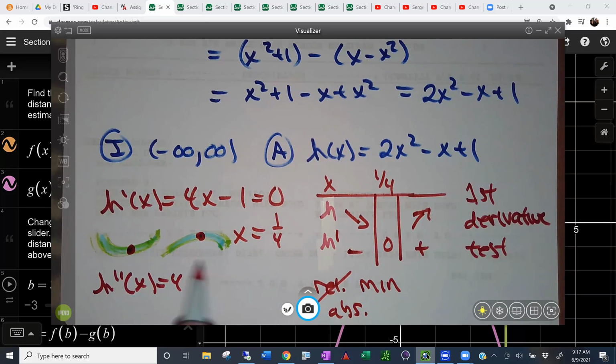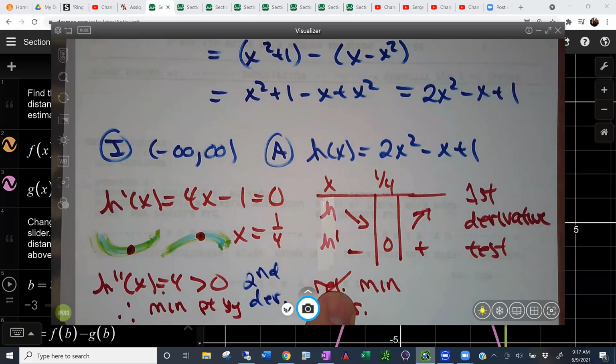Since this is greater than 0, this is going to be a minimum point by the second derivative test. So sometimes it's a little bit more convenient to do one than the other, but it's nice to have both around.